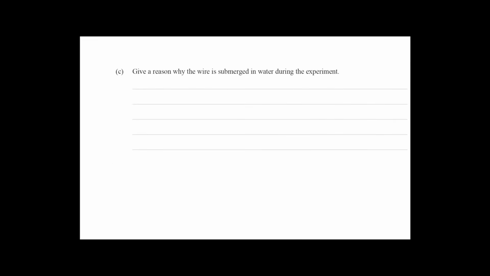So now it tells us to give a reason why the wire is submerged in water during the experiment. And I can think of 2 reasons off the top of my head. So the first one I'd say is that it keeps the temperature constant, or relatively constant. Ohm's law breaks down when things heat up.